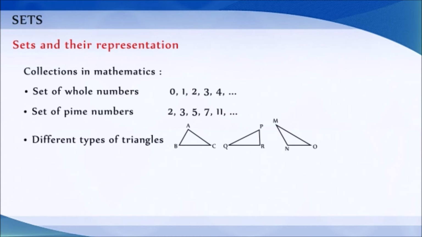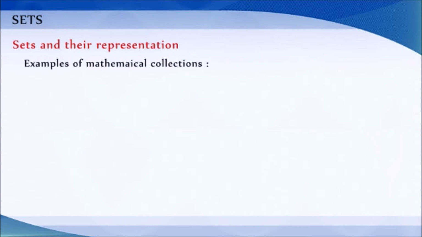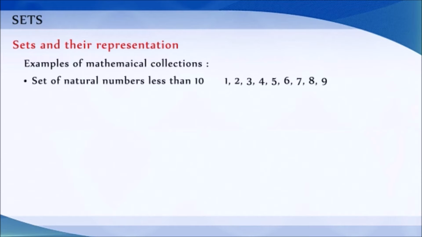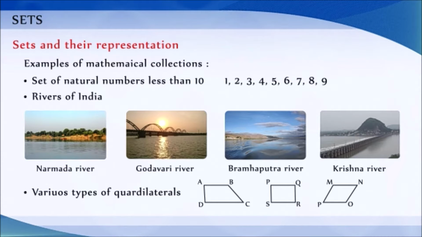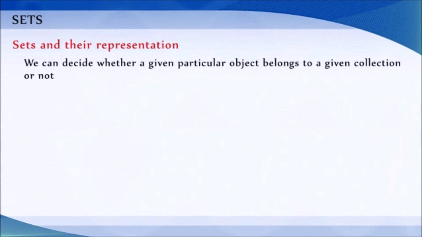Let us examine these collections properly. Consider some more examples: set of natural numbers less than 10, the rivers of India, various kinds of quadrilaterals, prime factors of 36, etc. We note that each of the above examples is a well-defined collection of objects, in the sense that we can definitely decide whether a given particular object belongs to a given collection or not.